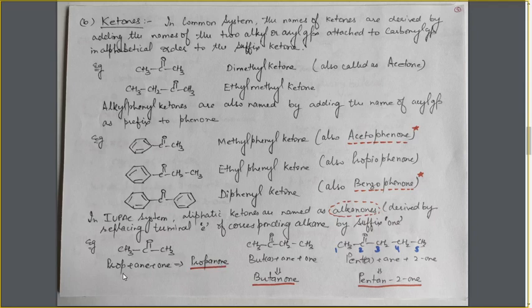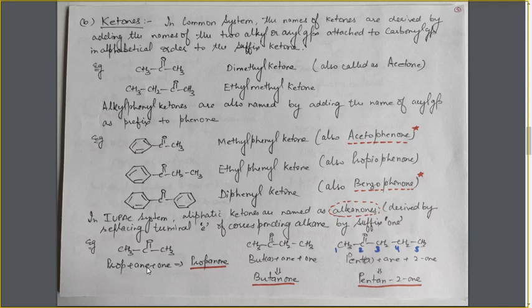We can also understand it as follows. For the 3 carbon chain, the root word is prop and the carbon chain is saturated, so it will be ane, and for this ketonic group the suffix will be one, that is the secondary suffix, so the name becomes propanone.